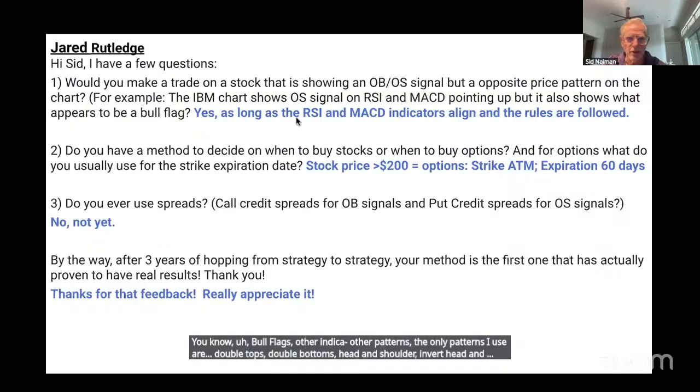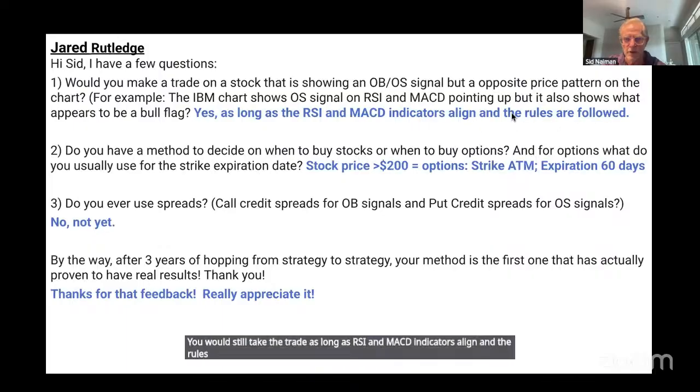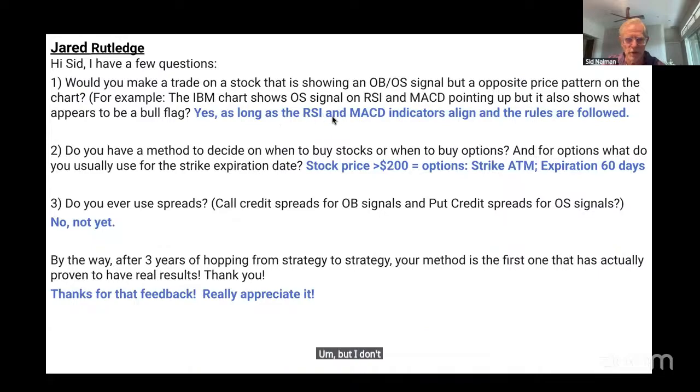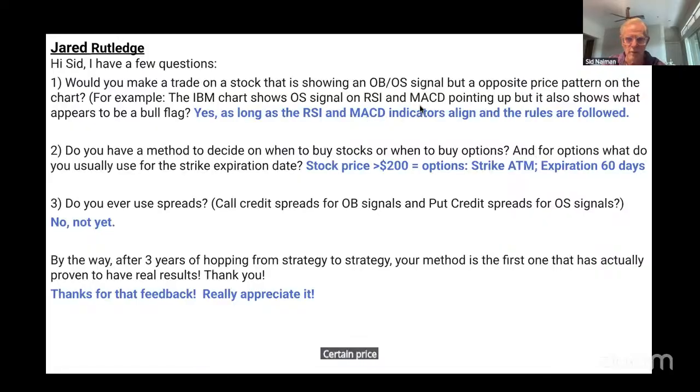You would still take the trade as long as the RSI and MACD indicators align and the rules are followed. So there are a lot of things you can look at on the chart, bull flags, all kinds of other patterns. But I don't look at those. I just look at major indicators, RSI and MACD, and then certain price patterns for confirmation. But that would not stop me if I had good alignment here.